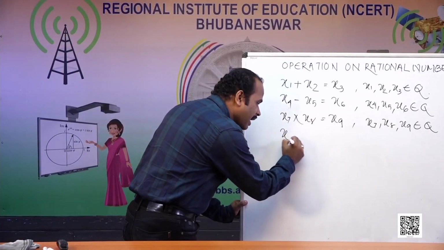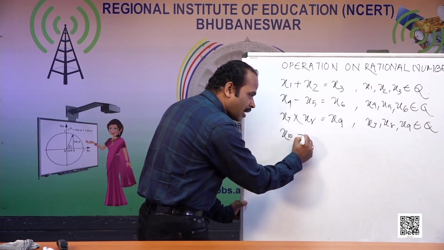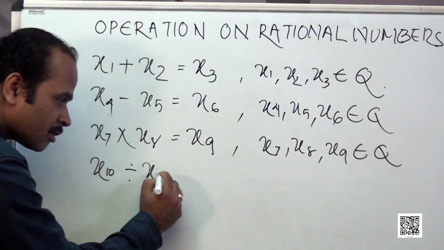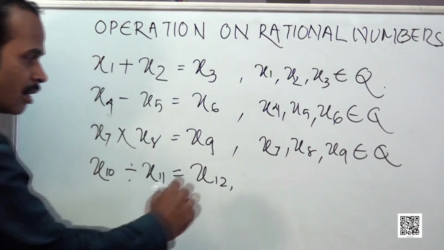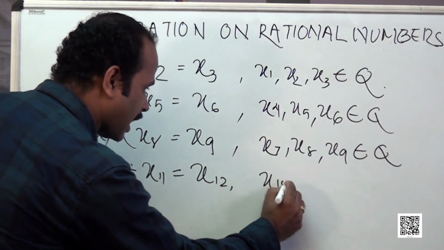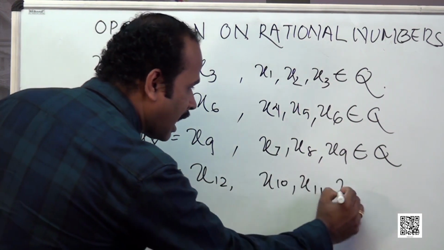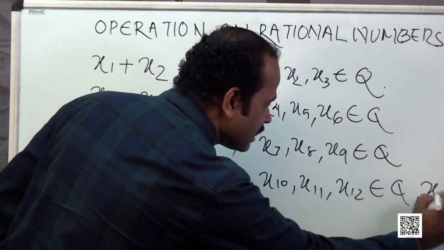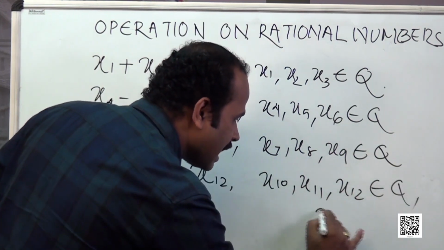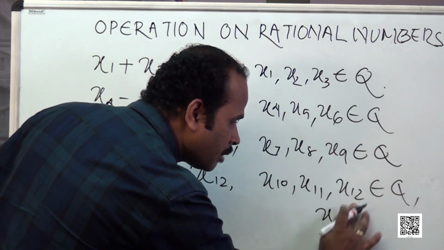When we divide a rational number, suppose x10, by another number x11, we find another rational number x12. The condition is that x10, x11 and x12 are all rational numbers, except that x11 should not be equal to 0.